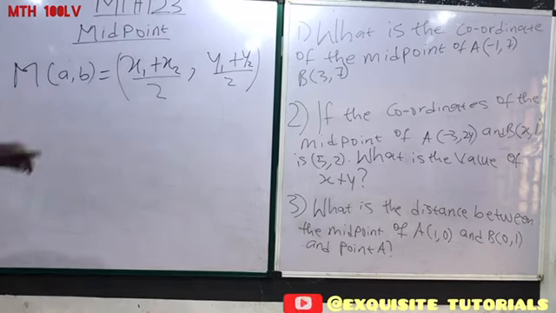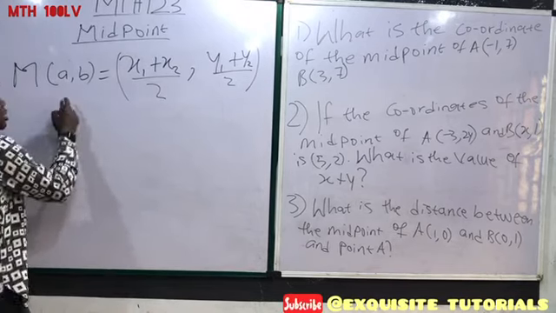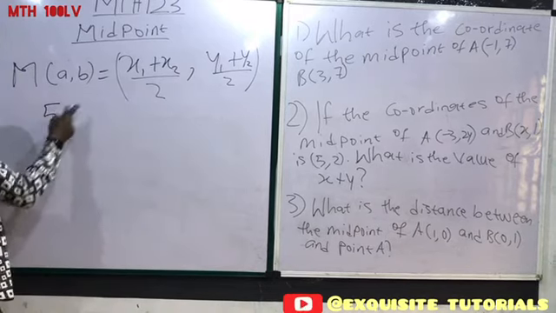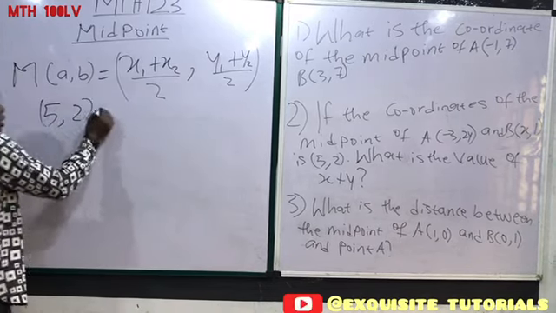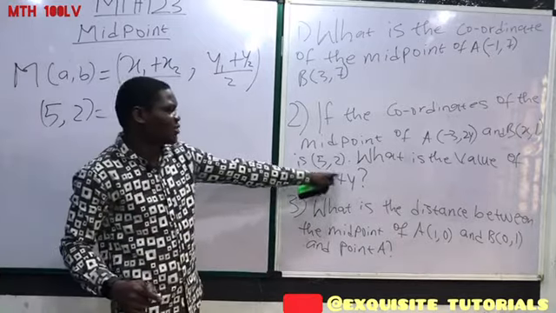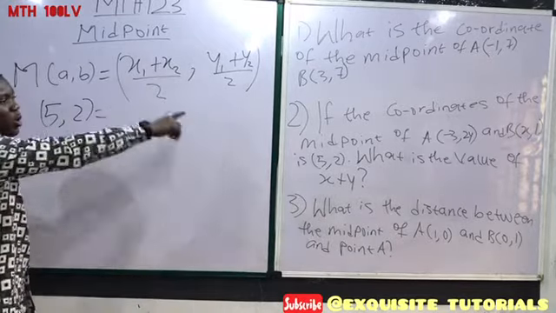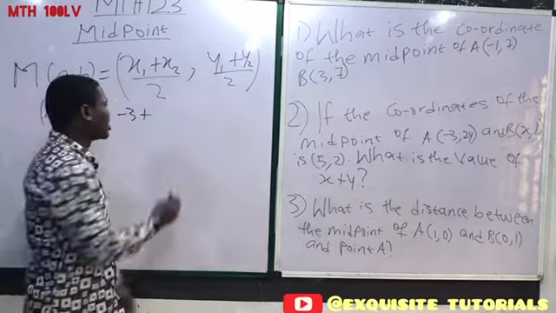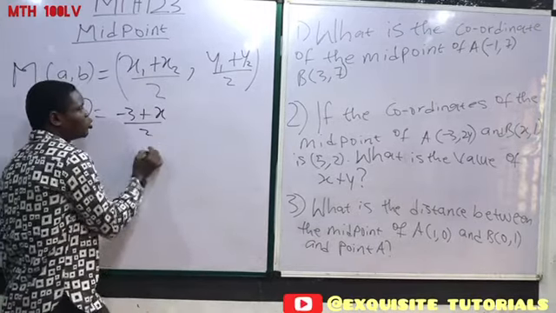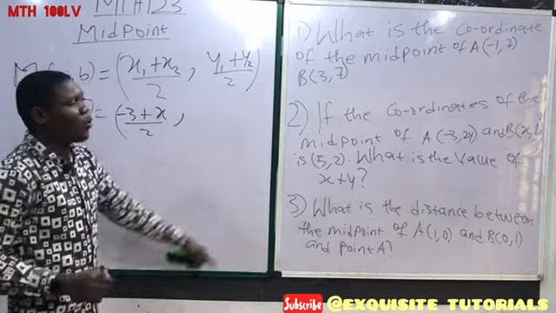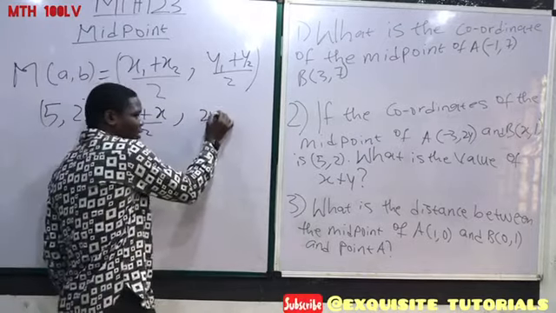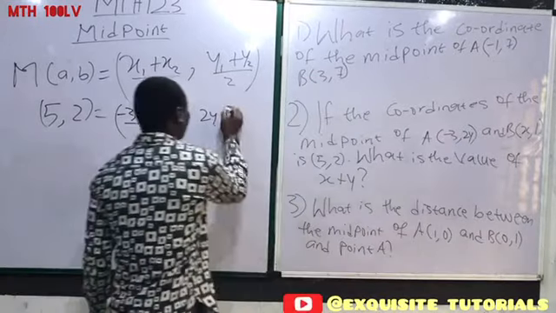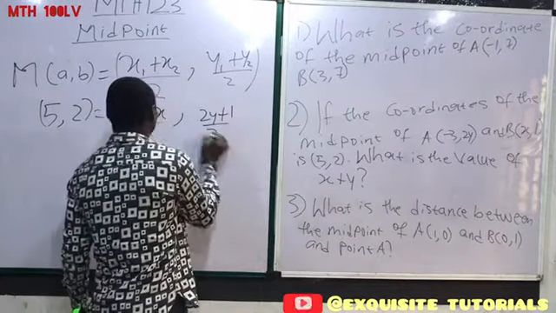Now in the question, they gave us this midpoint already as (5, 2). Now our x1 is minus 3 plus our x2, which is x, all over 2, comma, our y1 is 2y, then our y2 is 1. So we have plus 1 all over 2.